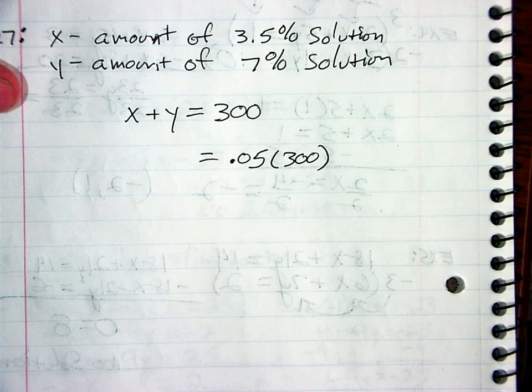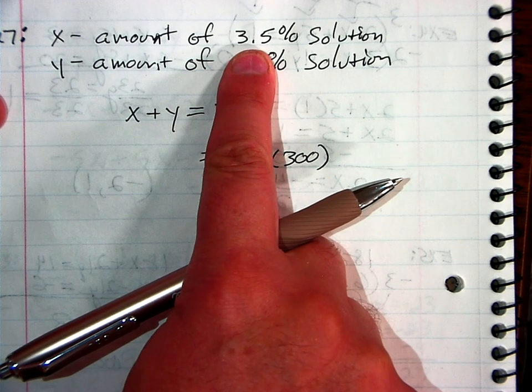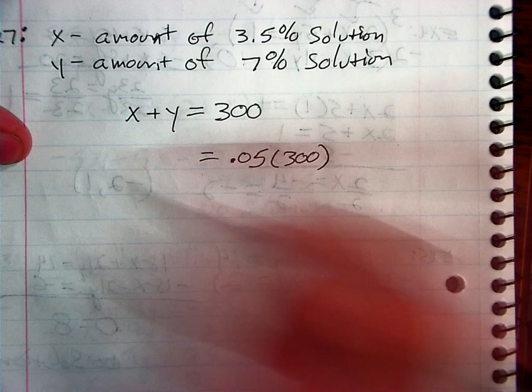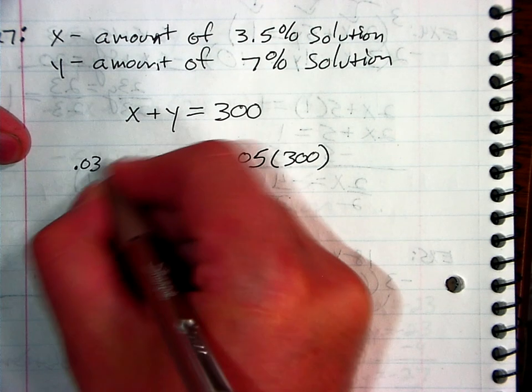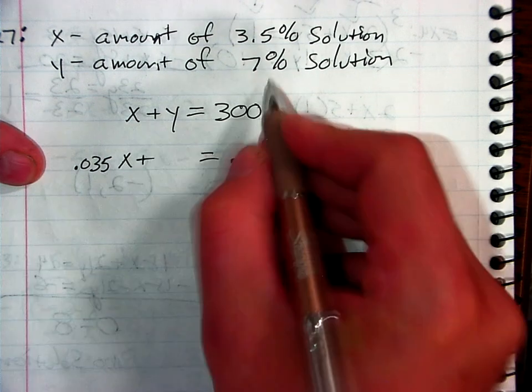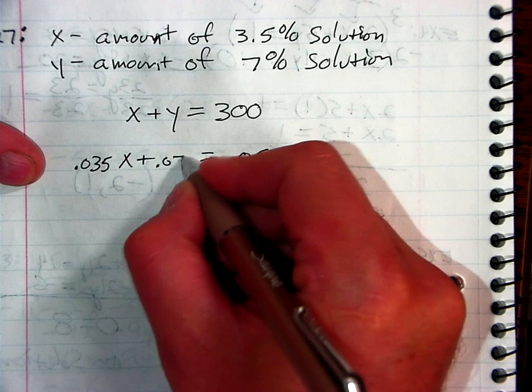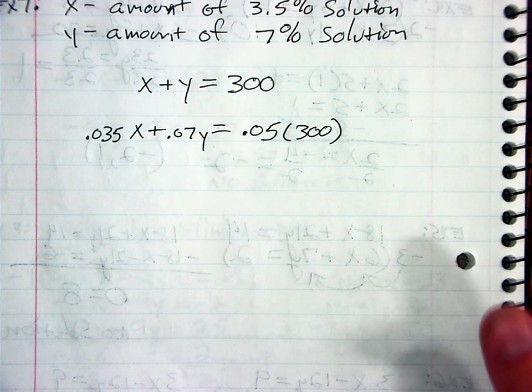And what are we using to combine them to get there? The X. What was the X? How do I write that as a decimal? 0.035 X. How do I write 7% as a decimal? 0.07 Y. Now that we have it set up, it's really not that bad.